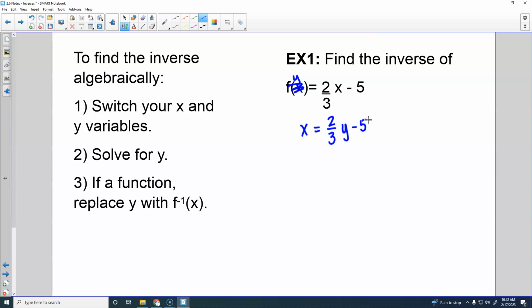Then we want to solve for this new y to get our new equation. When I say solve for y, it doesn't mean you're going to get something like y equals 6 most of the time. You're going to get a new equation that's y equals something. So to solve for that y, we would want to add this 5 right here.